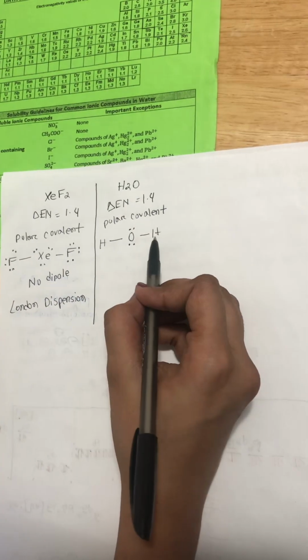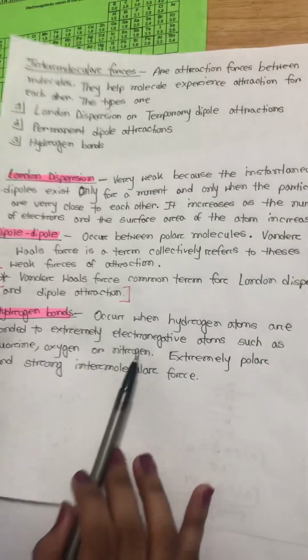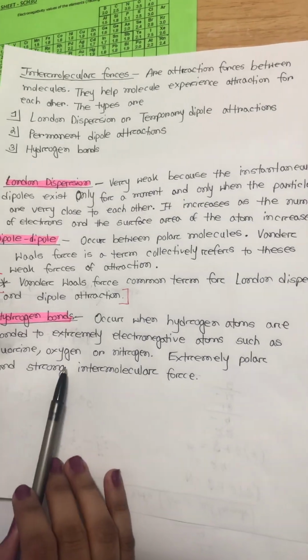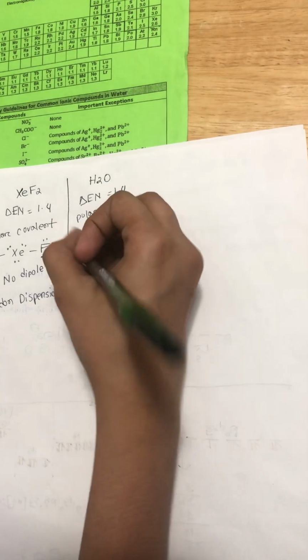And as the hydrogen is bonding with extremely electronegative atoms such as oxygen, it has hydrogen bonds.